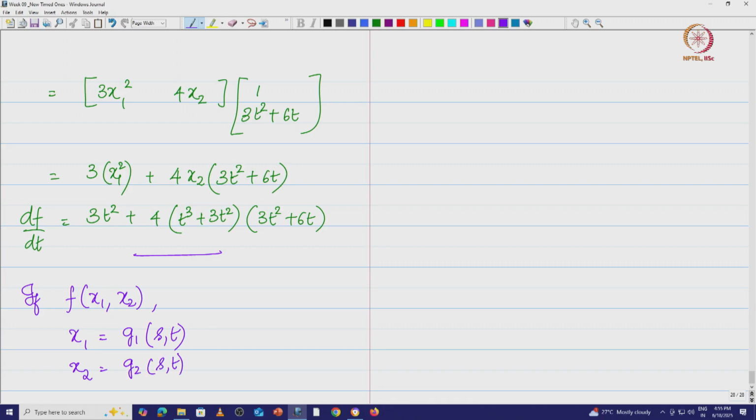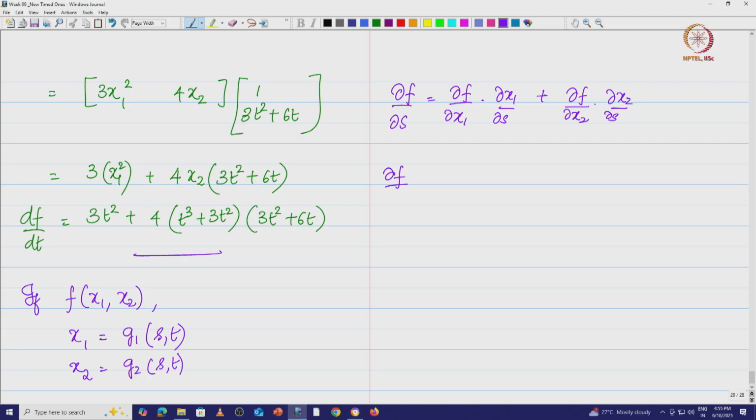Then how do we apply the chain rule? dou f by dou s is nothing but dou f by dou x1 into dou x1 by dou s plus dou f by dou x2 into dou x2 by dou s.